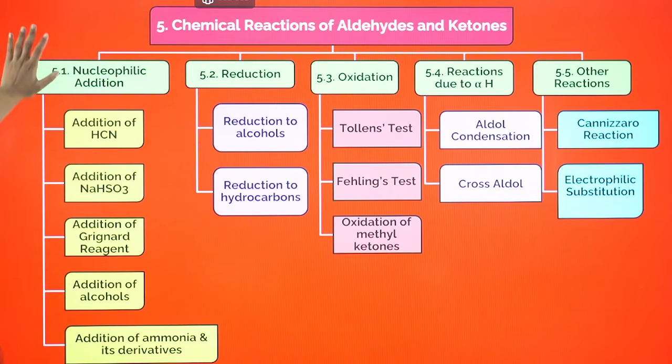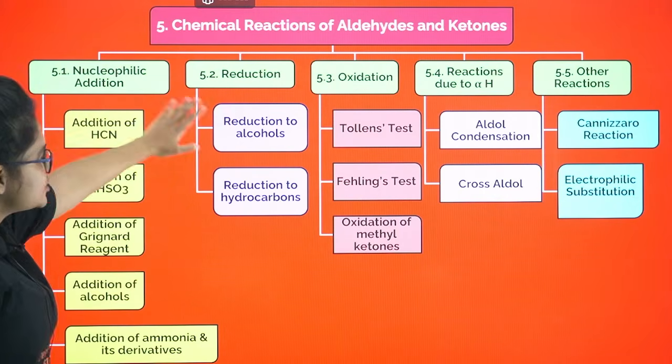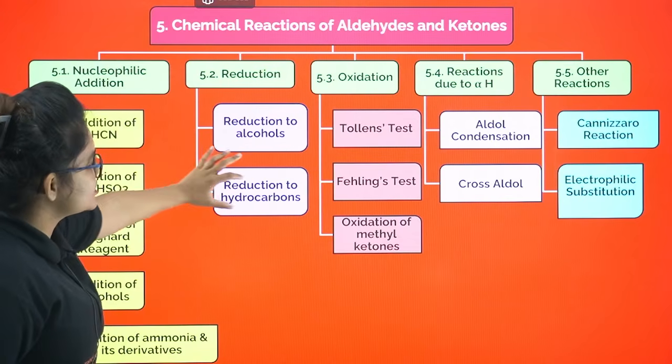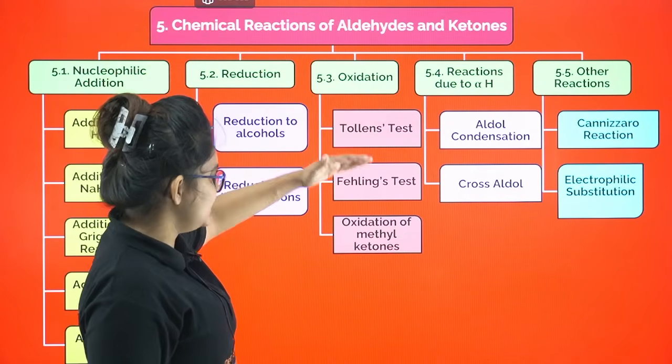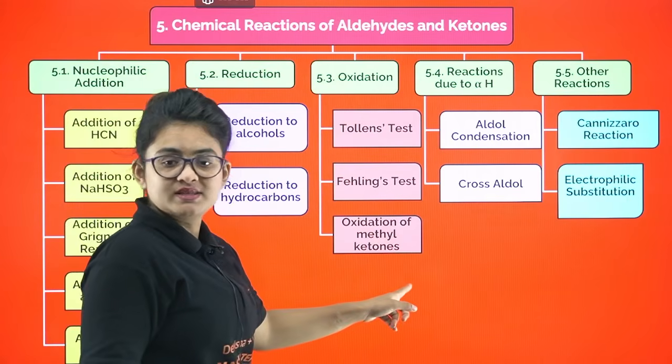You can see nucleophilic addition, we are definitely going to start first. These are the options: addition of HCN, NaHSO3, Grignard reagent, alcohols and ammonia. Then reduction to alcohols, reduction to hydrocarbons. In oxidation we will study Tollens test, Fehling's test and oxidation of methyl ketones.